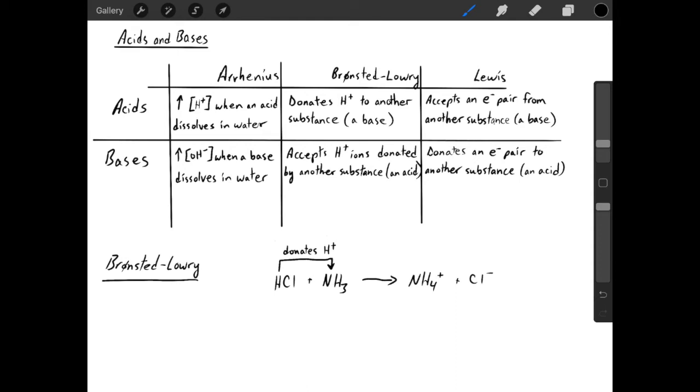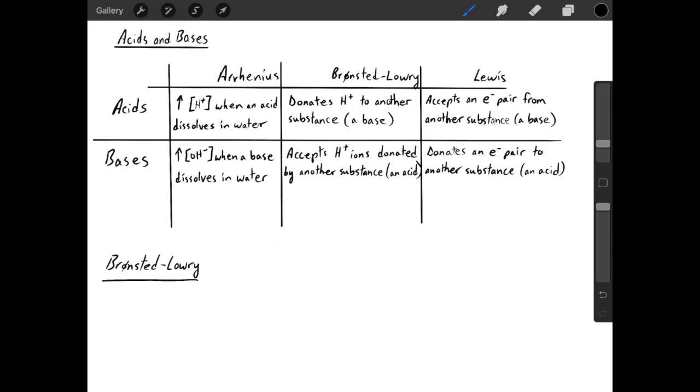So this kind of situation does not yield a salt plus water. Depending on how you write the reaction, you can have NH4+ and Cl-, or you could also write NH4Cl and just have the salt, but no water is produced because there's no hydroxide ions involved.